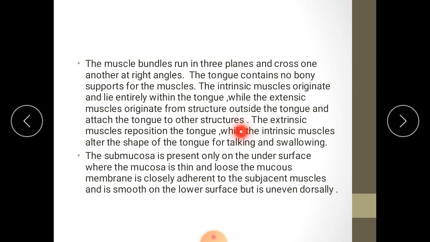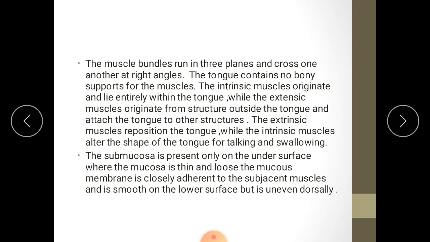So extrinsic muscles help in keeping the tongue in its position. The extrinsic muscles reposition the tongue, while the intrinsic muscles alter the shape of the tongue for talking and swallowing. While talking and swallowing, we move our tongue. That movement of the tongue is due to the activity of intrinsic muscles.